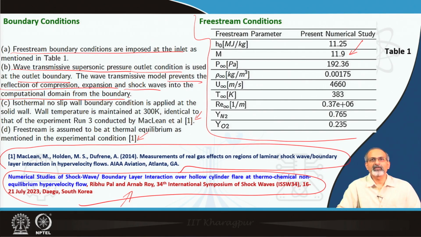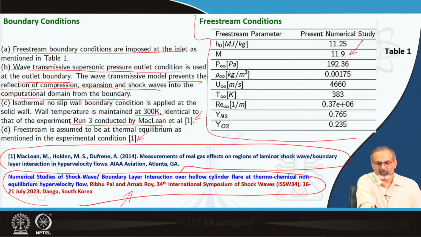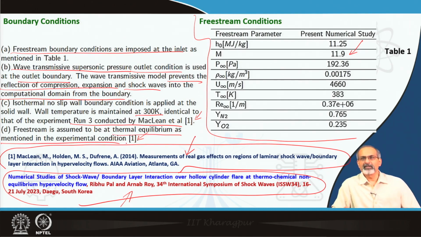Isothermal no slip wall boundary condition is applied at the solid wall, maintaining it at 300 Kelvin, and it corresponds to the run 3 of the MacLean's paper, which is indicated here. The free stream is assumed to be at thermal equilibrium as mentioned in the experimental conditions.